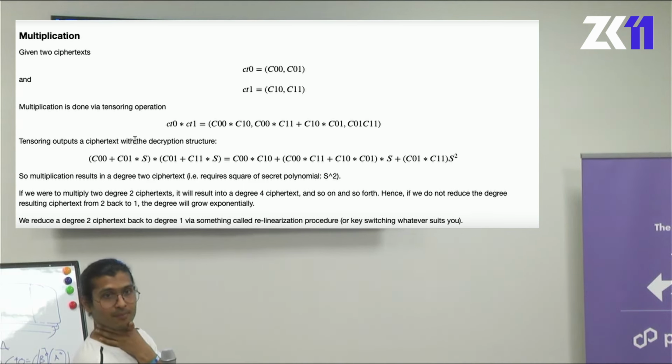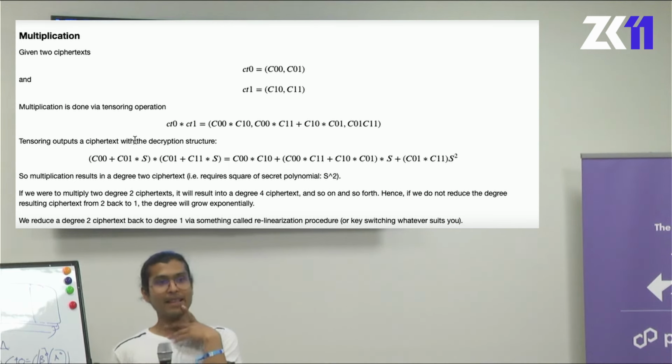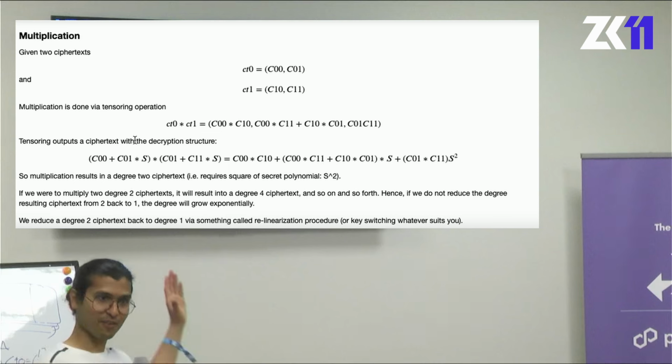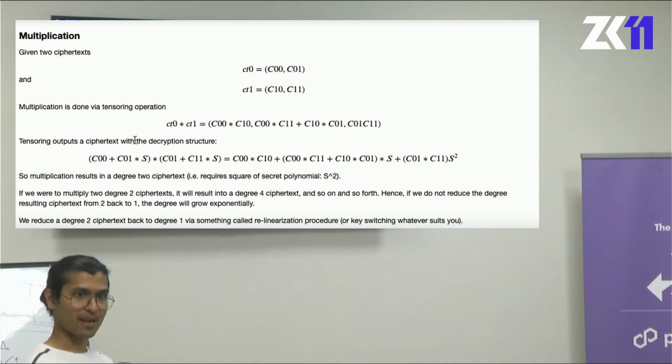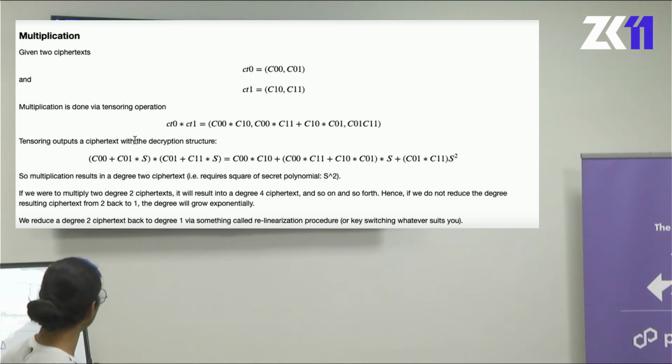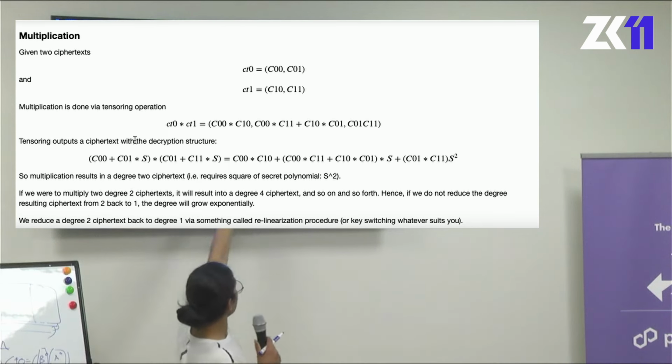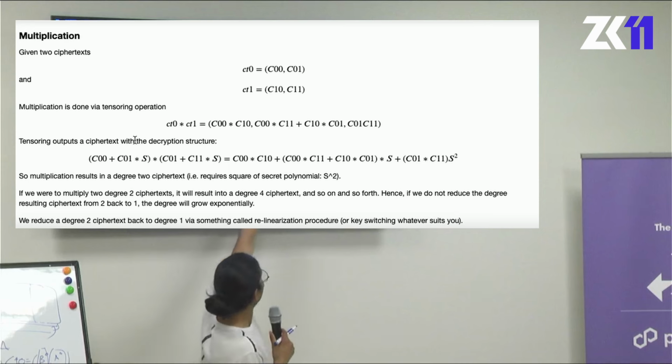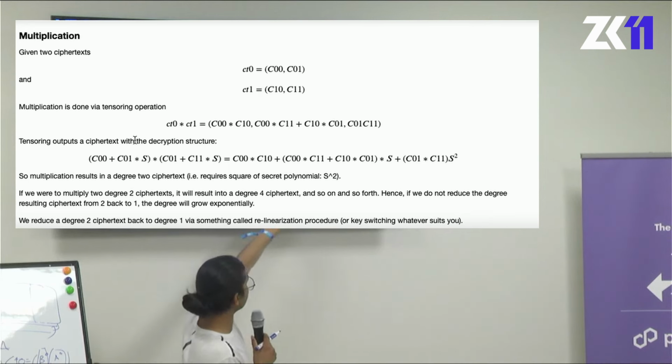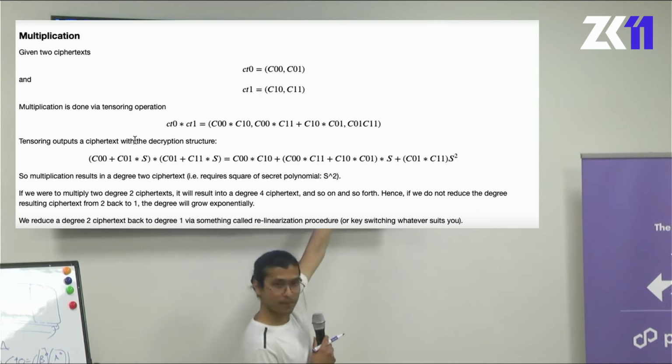Do you need to keep track of how many times you multiply? Unfortunately not. If it was this way, then yes. But I'll tell you a way to reduce this particular degree afterward. So you multiply two ciphertexts with tensoring, and the decryption structure of a tensor ciphertext is this, with S and S squared.